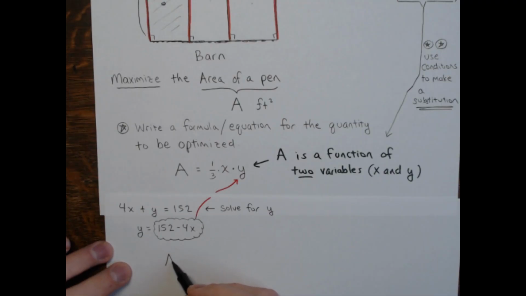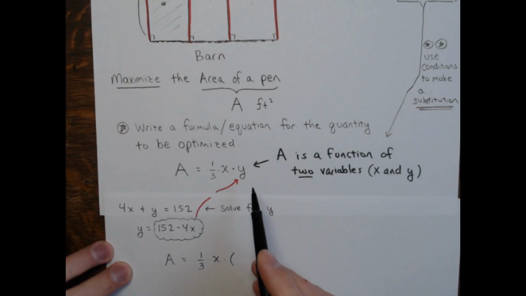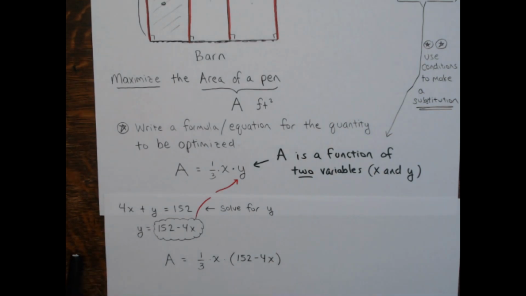So now we have area of this single pen is 1/3 times x times, and then y is replaced by this 152 minus 4x. And again, this is what we eventually want to get down to.